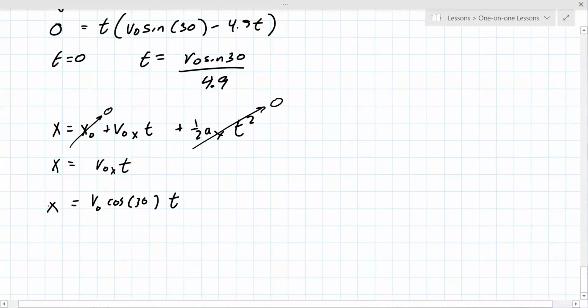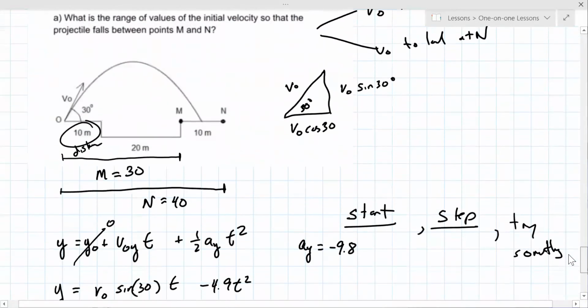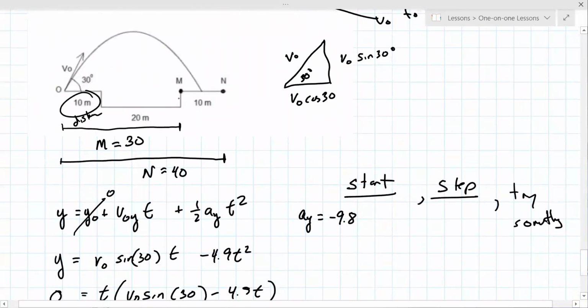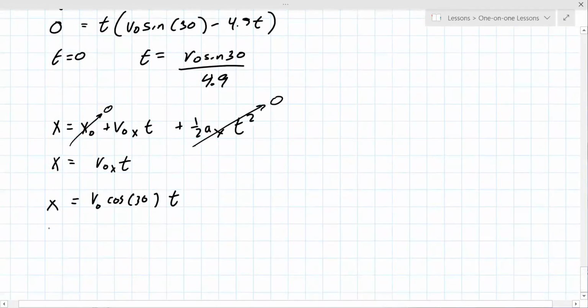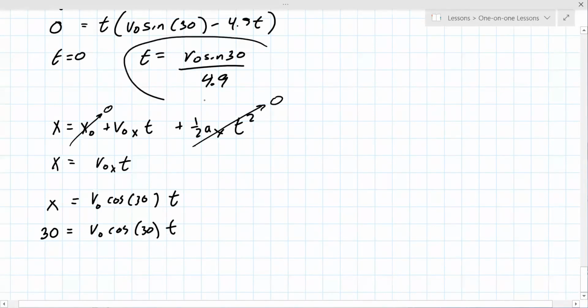What is the value of x in this equation? Well, that's what we've got up here. Our value of M. That's how far it went. So we know that 30 equals v0 cosine 30 times t. And notice we have an equation up here.